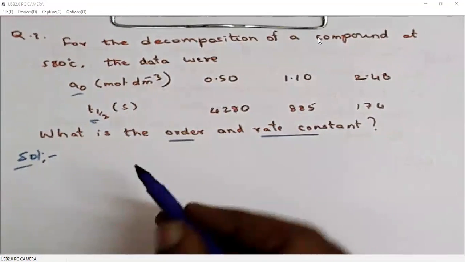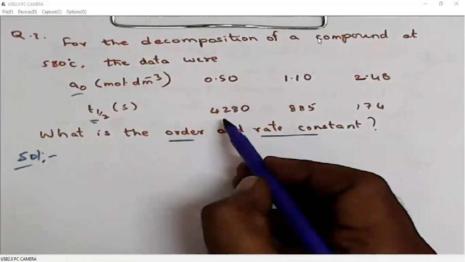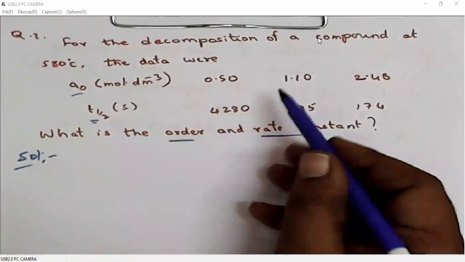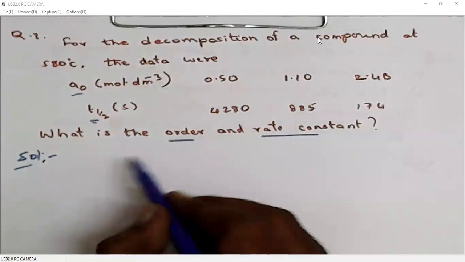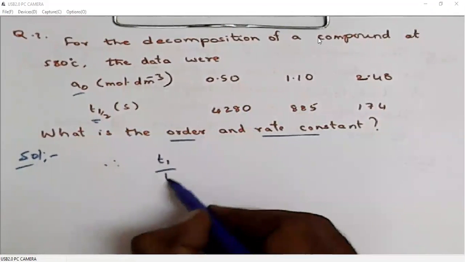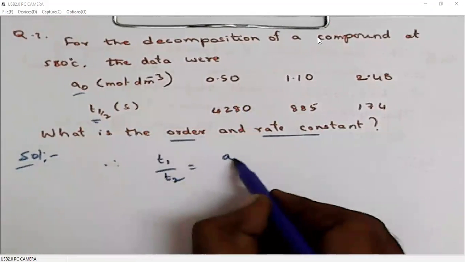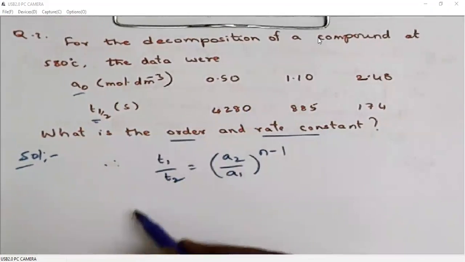Right. How do we know? Of course, we have given initial concentrations as well as half-lives. Then we can easily use the nth order half-life expression. Therefore, T half of 1 by T half of 2 is equal to A2 by A1 whole power n minus 1.